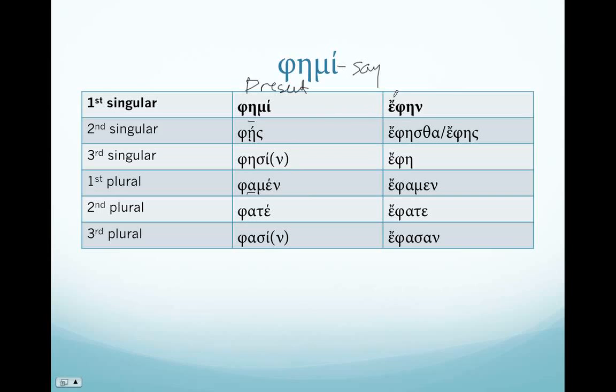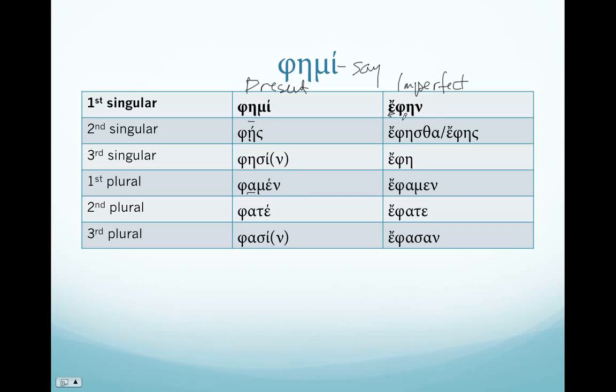So the present, and then the imperfect, he was saying. These are the two main tenses of this verb, in fact. Ephen, ephesthа, or ephes, ephe, ephamen, ephate, ephasan. So if you remember your forms of eimi in the imperfect, these are going to be very similar.